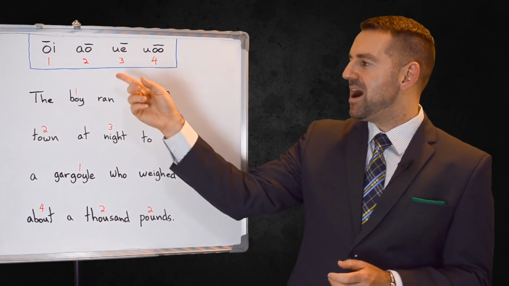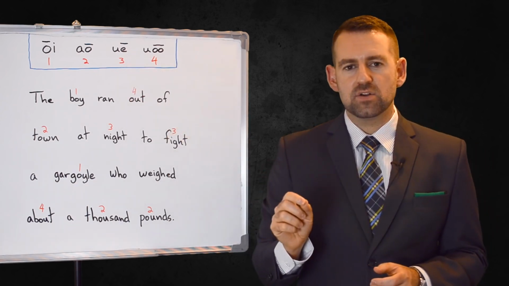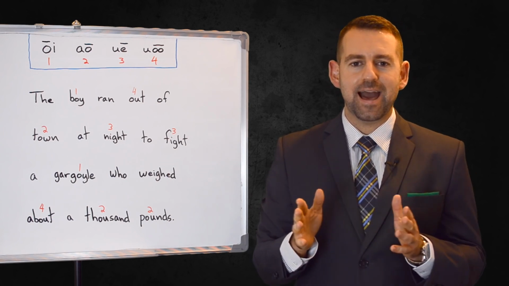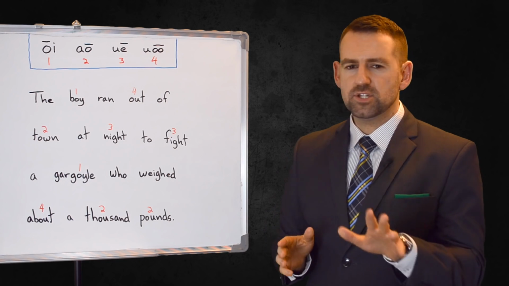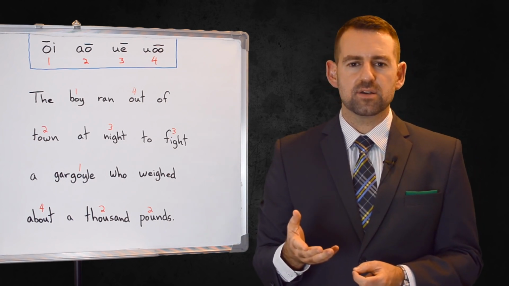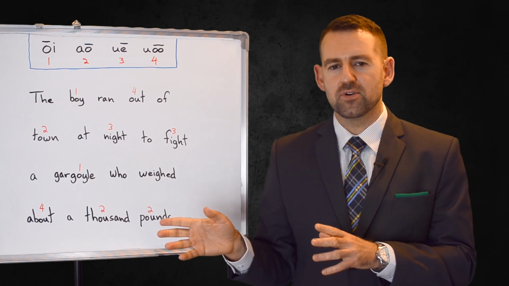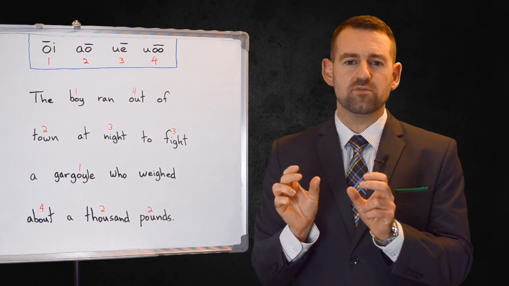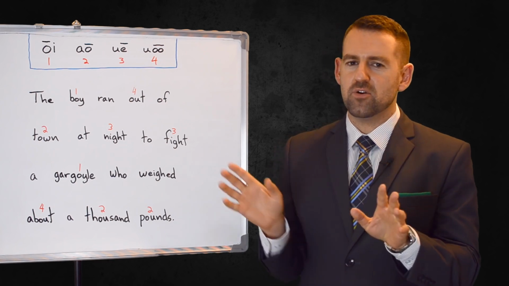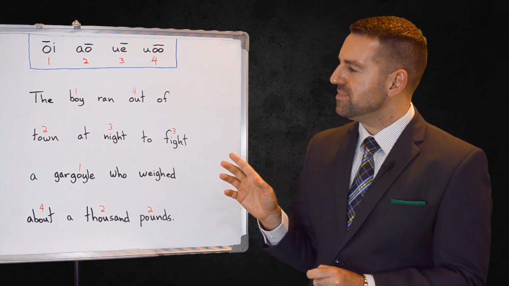And "ow": a-o, ow, ow. Right, now these should be fairly easy for you to make because I've already taught you all the individual vowel sounds. So now you just need to put them together. So I hope this is easy for you.